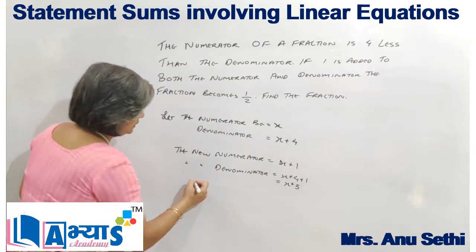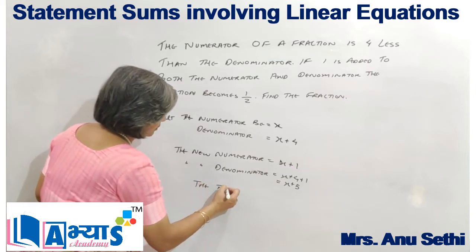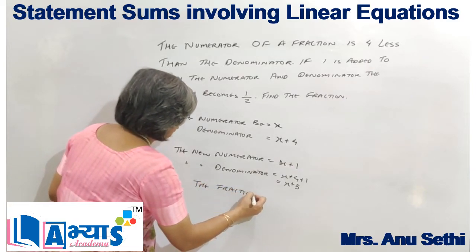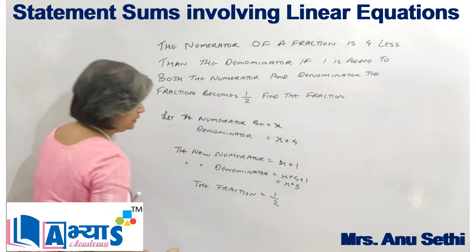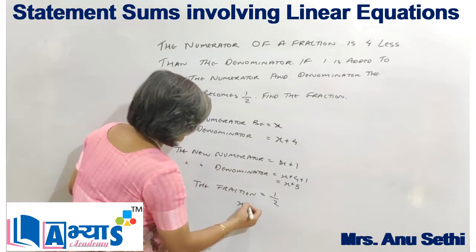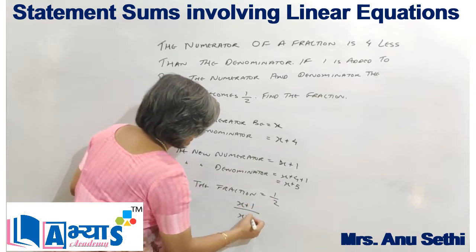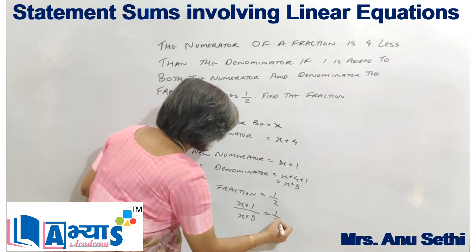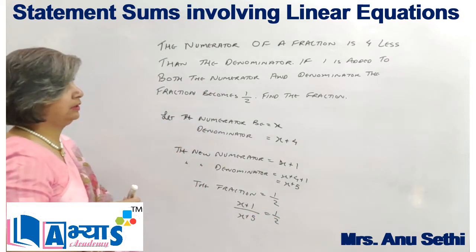Now the fraction will become 1 by 2, that means the numerator is x plus 1 and the denominator is x plus 5, and it is equal to 1 by 2. So this is how an equation is formed.